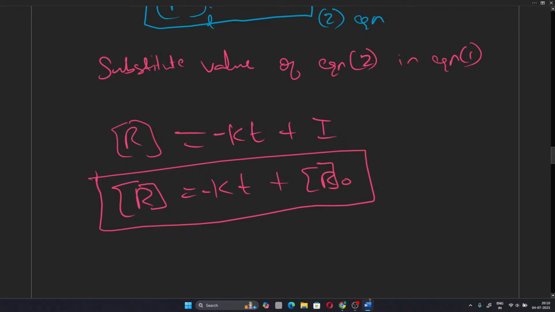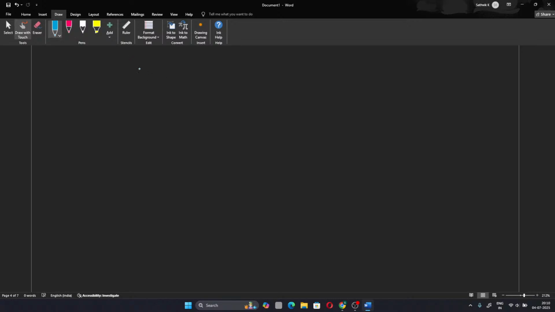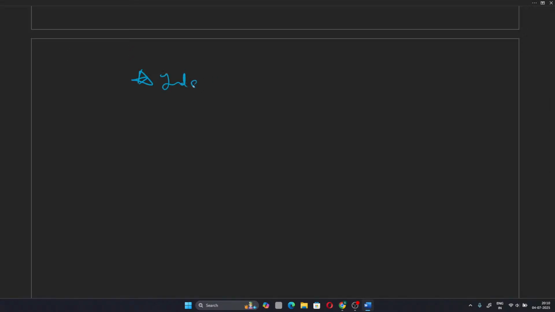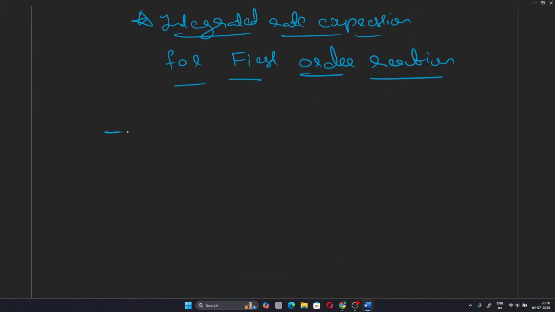Now I will derive the base equation, the first integrated rate expression for a first order reaction. I will do it as fast as possible.